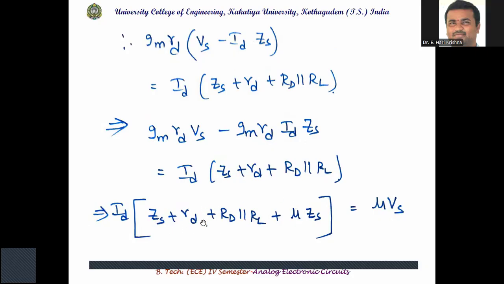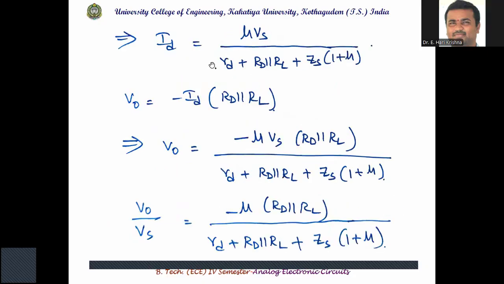So ZS plus rd plus RD parallel RL plus mu into ZS is equal to mu Vs. Now we'll get the equation for ID: ID is equal to mu Vs by rd plus RD parallel RL plus ZS into 1 plus mu.